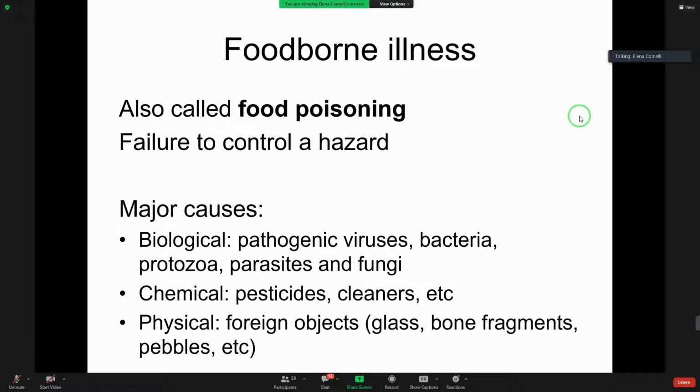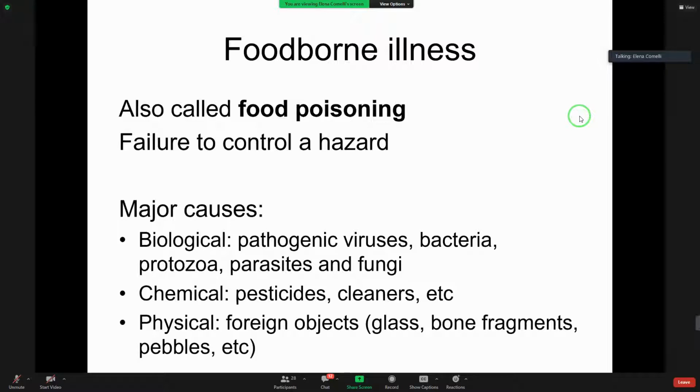These illnesses are also known as food poisoning, as an alternate terminology. And these diseases mainly result from our failure to control a hazard, which can be an identified hazard or a non-identified hazard.